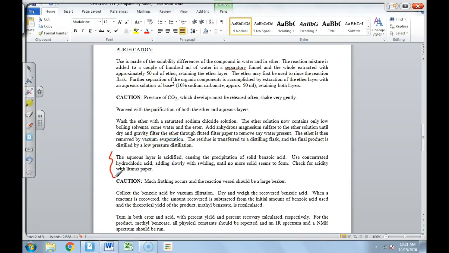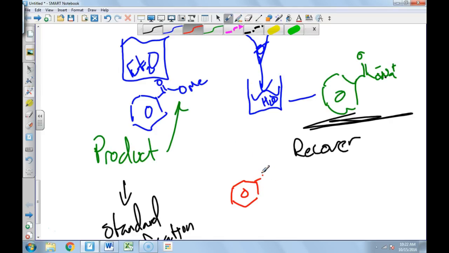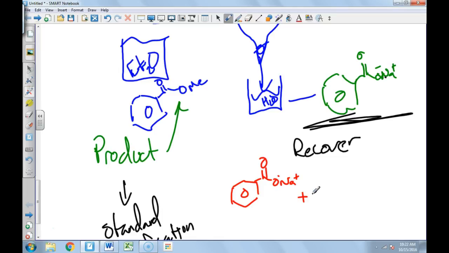The aqueous layer is acidified. Once it's acidified here, we get this. Na plus O minus plus acid H plus, that's going to give us this.